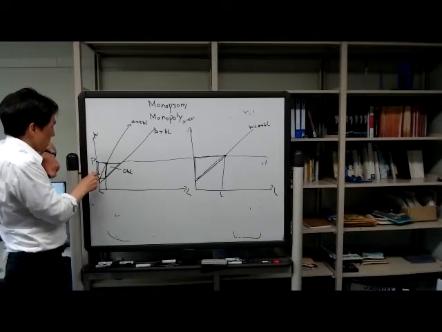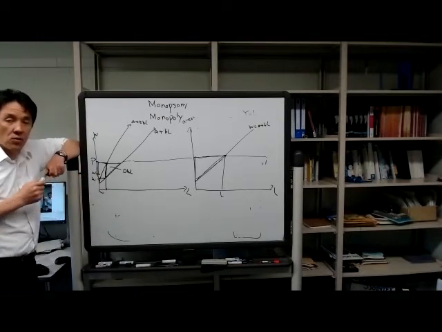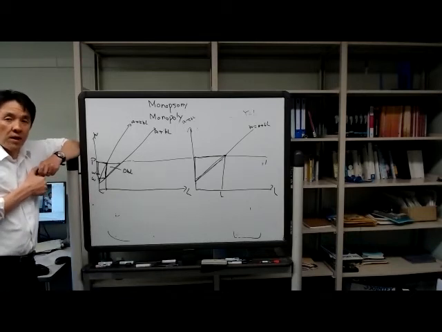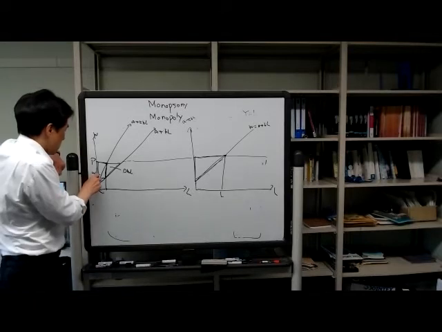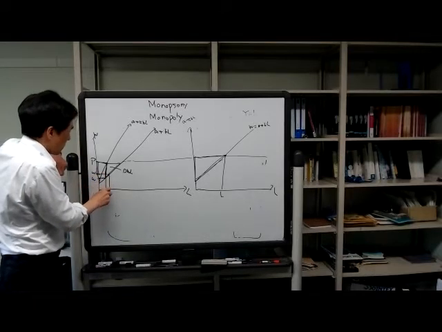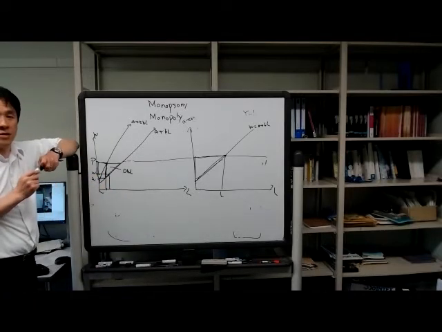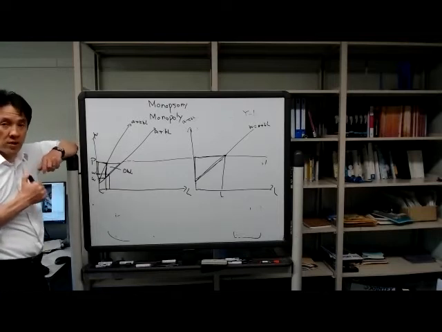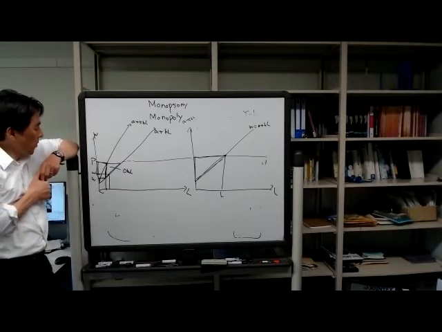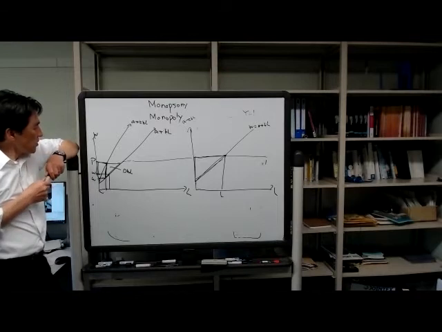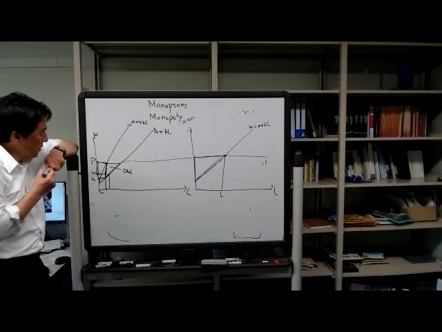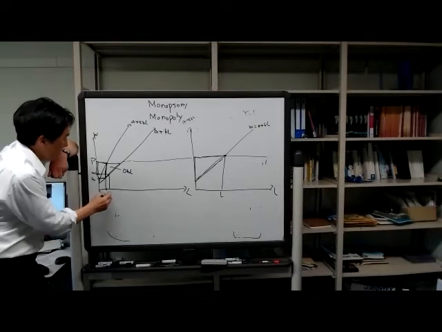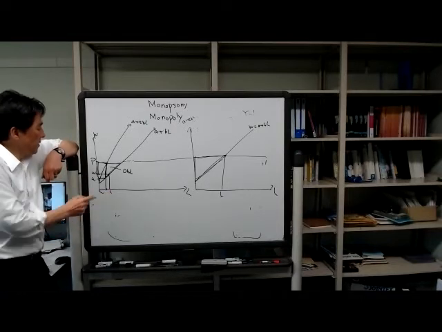So given that the company needs to pay this wage, how many people are going to work? The company has to pay this wage rate. So in this case, the company hires this amount of labor and pays this wage.